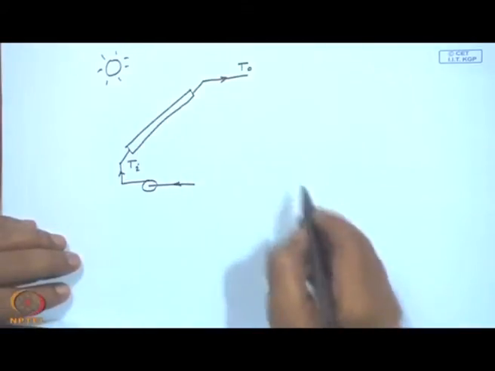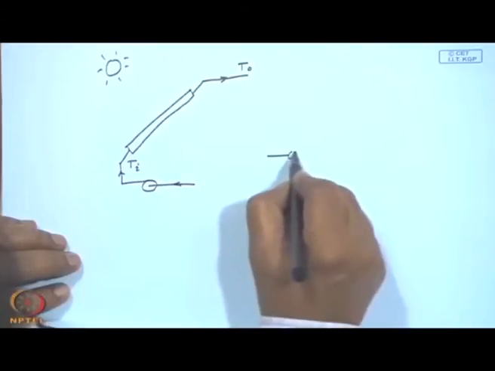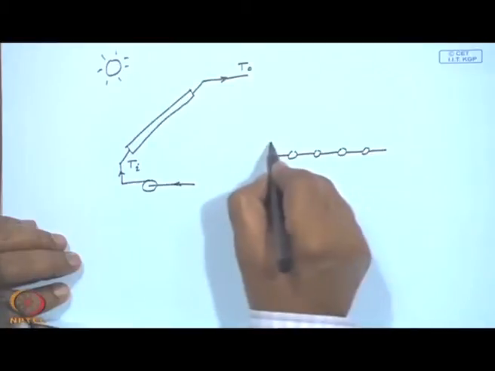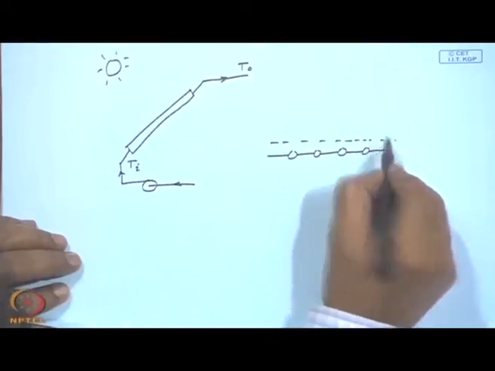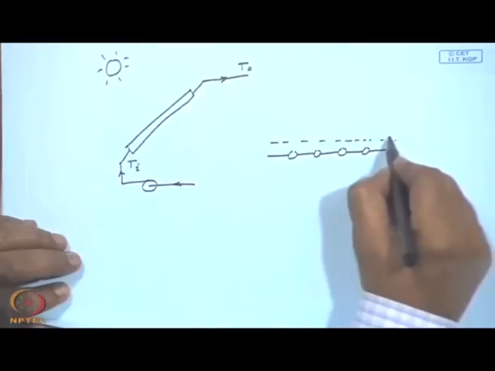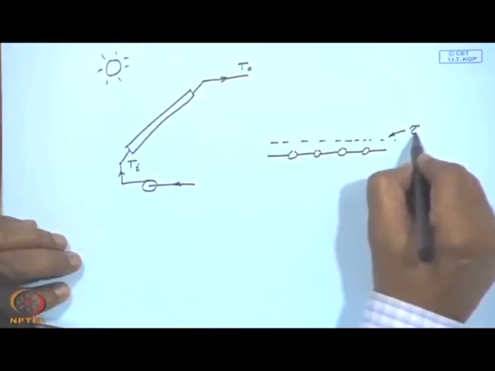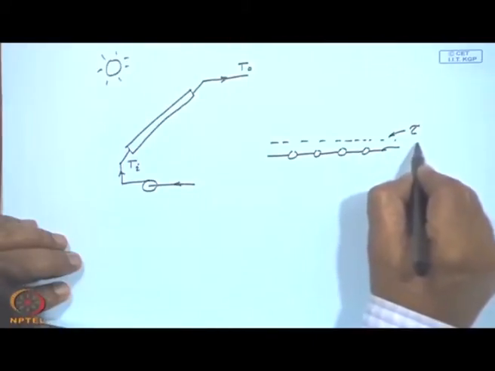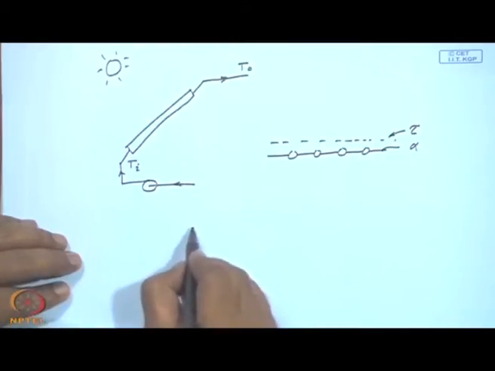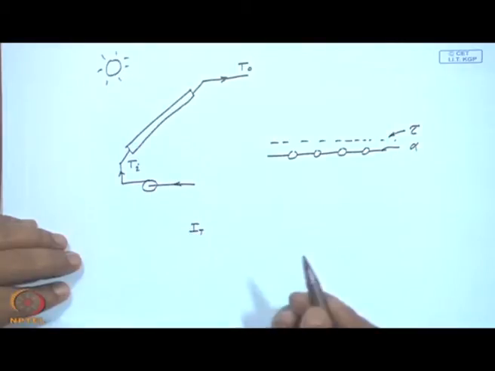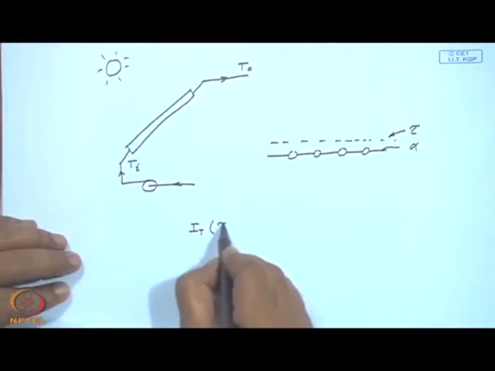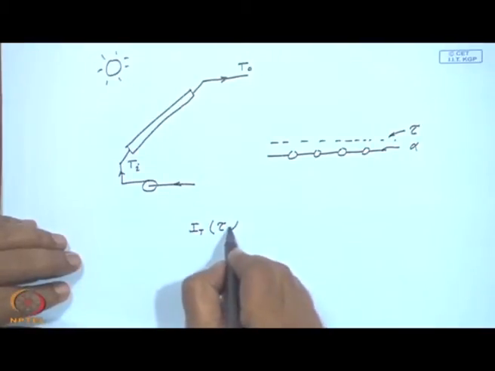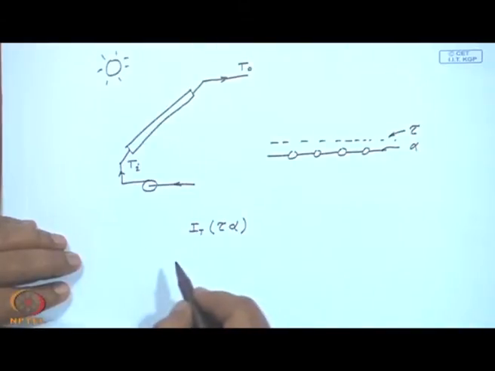So, now again if you look at this part of the fin and tube configuration with a glass cover, in a simple fashion, if this has a transmittance tau and this has an absorptivity alpha and incoming radiation is I T, a fraction tau is transmitted and then another fraction alpha is absorbed.